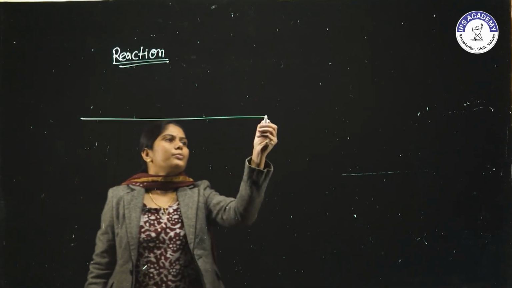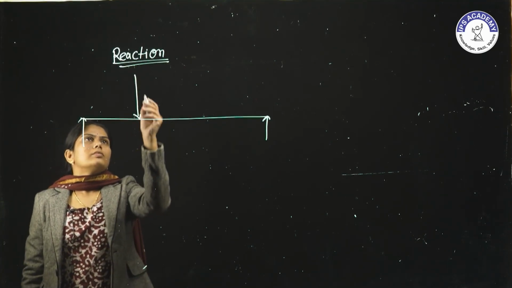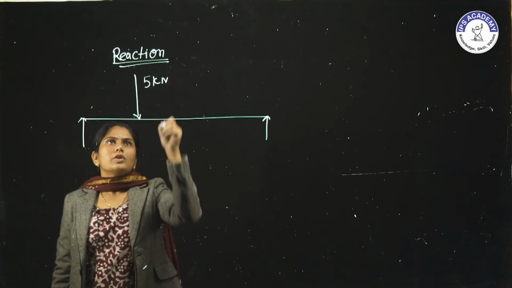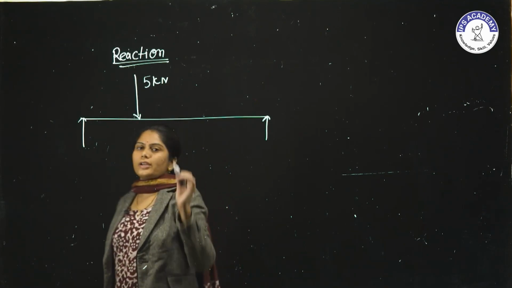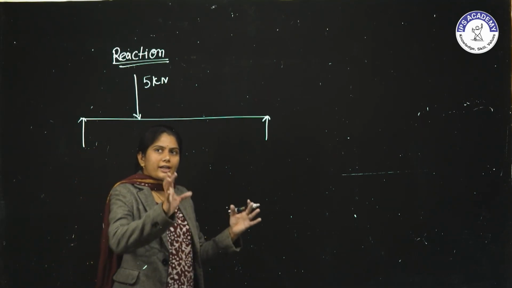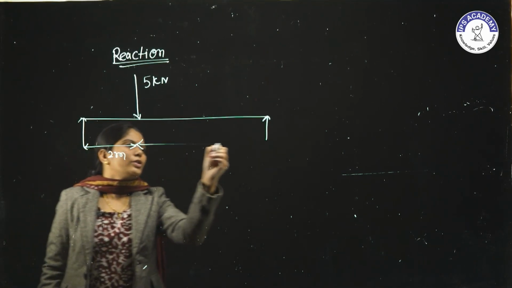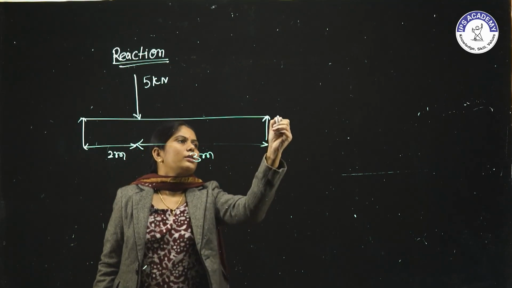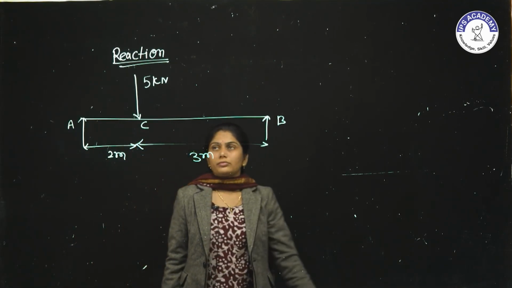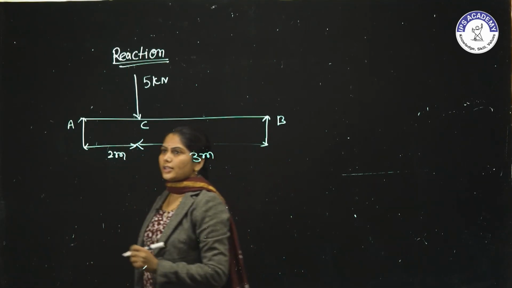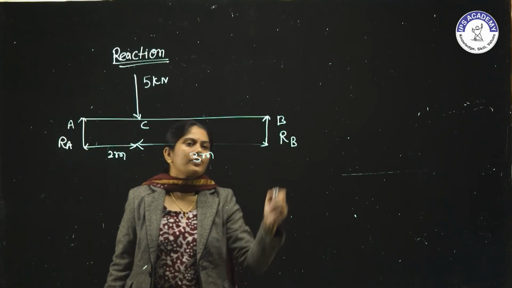Another example. Here, this is the simply supported beam. Here W is 5 kilonewton, but this is not acting at the center. So 2 meter and 3 meter. Here we have to calculate the support reactions RA and RB.